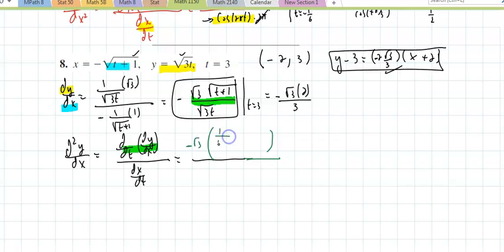Derivative of the top times the bottom minus the top times derivative of the denominator all over the bottom squared over derivative, and this is the part you really want to be careful with, derivative of x.